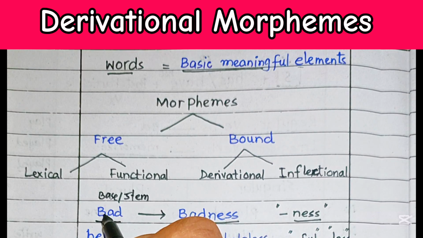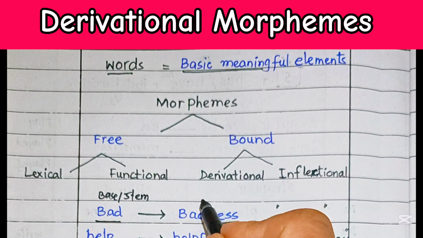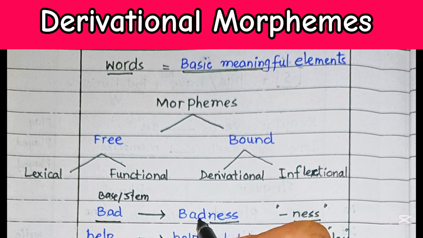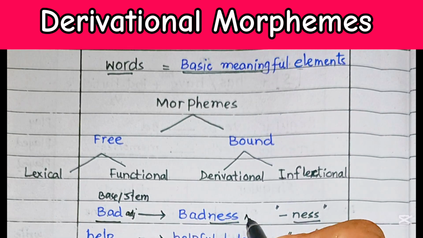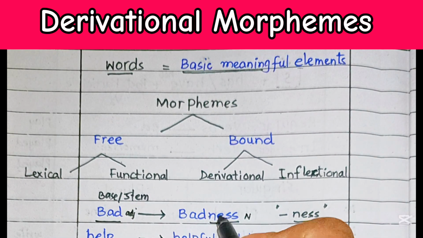Bad was an adjective. It converts into a noun by adding ness at the end of bad. So previously it was an adjective, now it is a noun, and this is the derivational morpheme that we are going to discuss in this particular lesson.